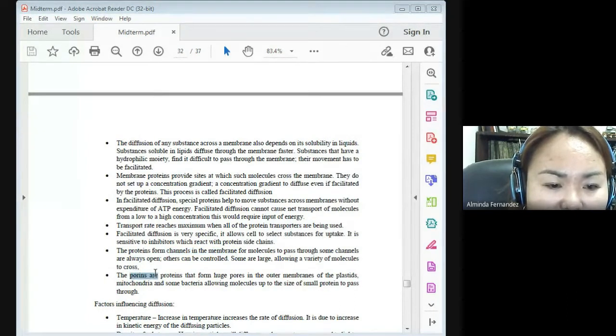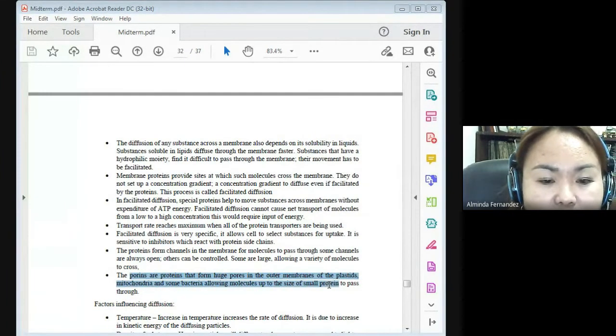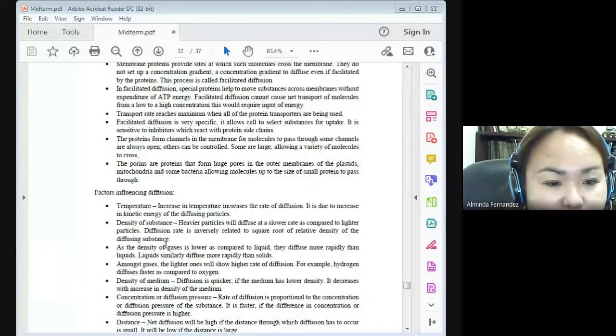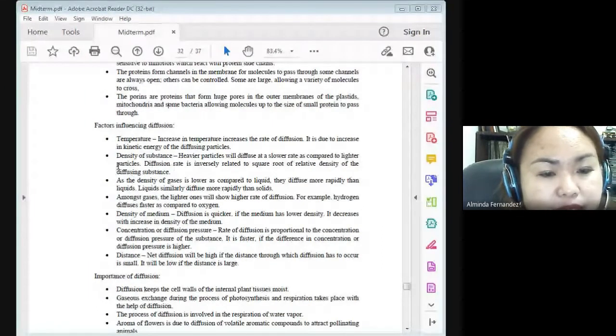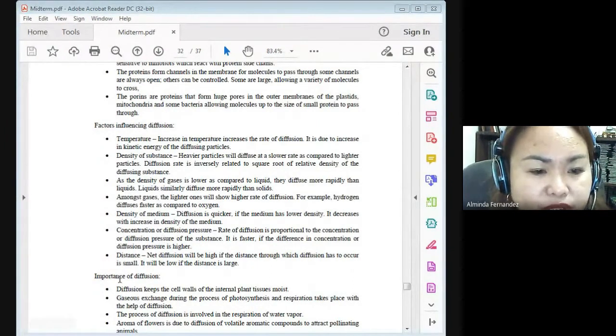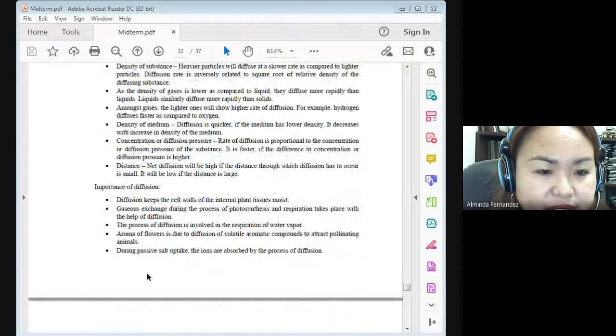We also have porins, the proteins which have huge pores, in the outer membranes of plastids and mitochondria and some bacteria, that allow molecules up to a certain size. There are other factors influencing diffusion like temperature, density of the substance, gases, density of the medium, the concentration or diffusion pressure, and the distance.